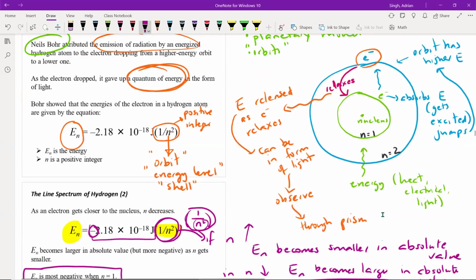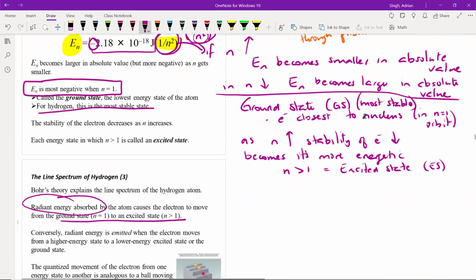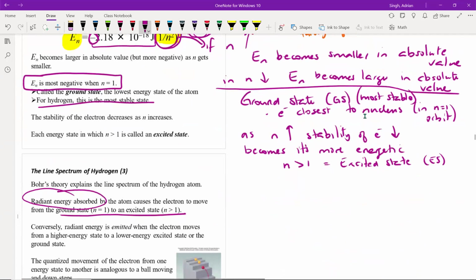So we have our electron in the ground state, n equals 1. We zap it with some electricity. It jumps, it absorbs that energy, it gets excited, it goes to a higher energy level, a higher orbit, in other words. And then when it falls back down and it relaxes, it releases that energy, it emits that energy in a particular amount as well.